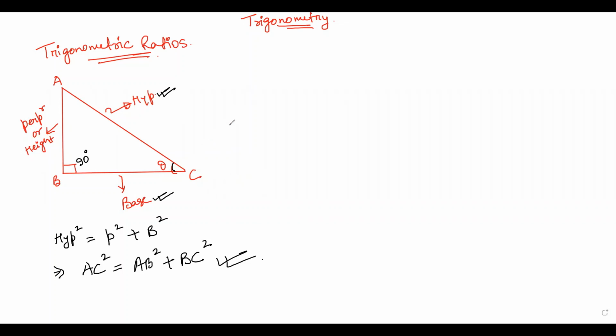Now, for a right angle triangle, there are 6 trigonometric ratios: sine, cos, tan, cot, sec, and cosec. And if this angle is theta, then sine of this angle is given by perpendicular upon hypotenuse. That is, for this triangle, sine theta would be AB upon AC.